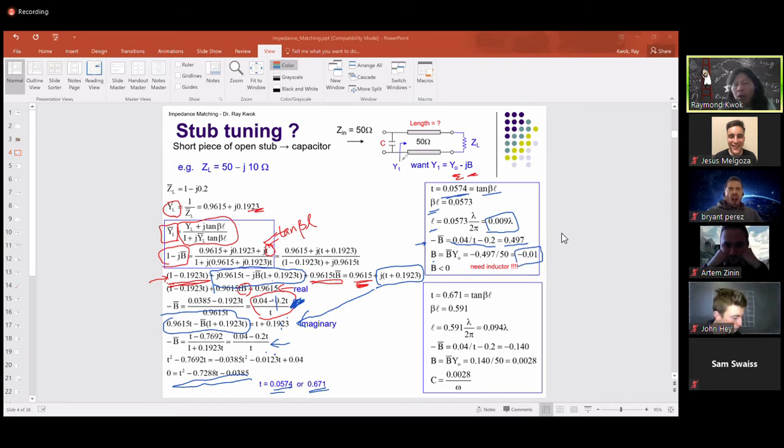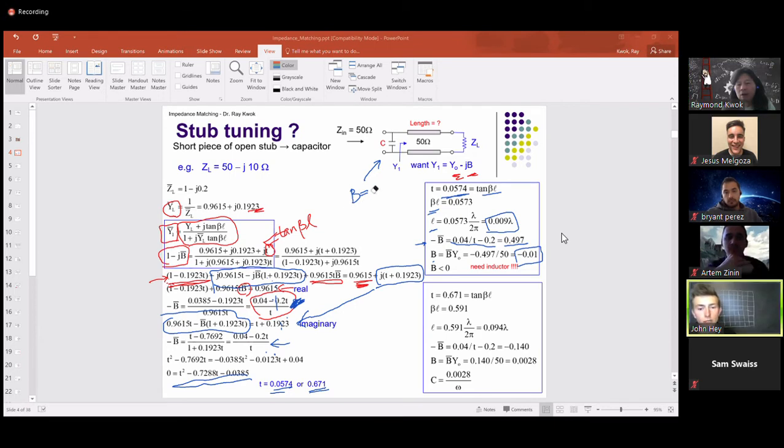So what does that mean? What is B? Well, this is the capacitance, right? What is the susceptance for capacitance? Or what is the impedance of the capacitance, let's just say? 1/jωC.